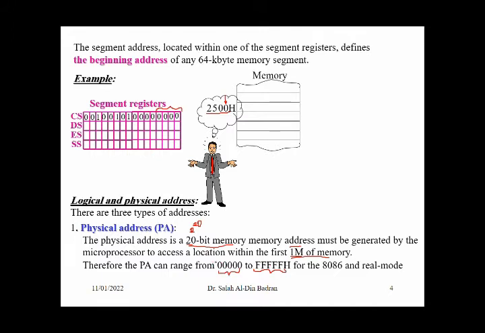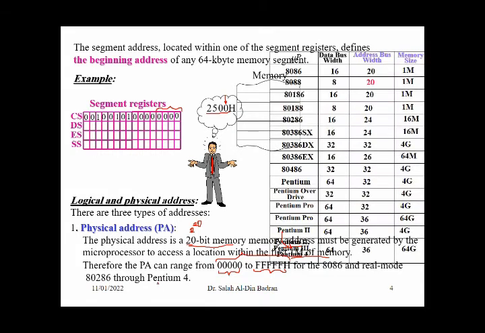So the space is the total memory space, the total memory locations, 1 mega, 2 to the power 20. So it can access this total of 1 mega of memory for the 8086 in real mode, 80286 up to Pentium 4.